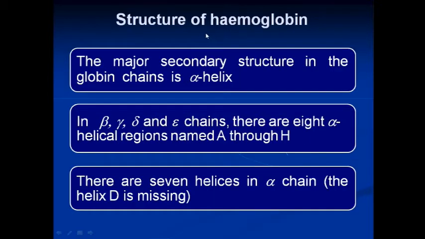Now the structure of hemoglobin. The major secondary structure in the globin chain is the alpha helix. Alpha helical regions are reported in the beta chain as A, B, C, D, E, F, G, H. These 8 helices are present in the beta chain, while there are 7 helices in the alpha chain, as the D helix is missing in alpha.